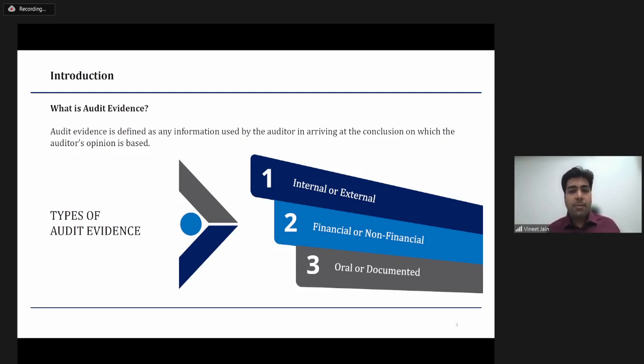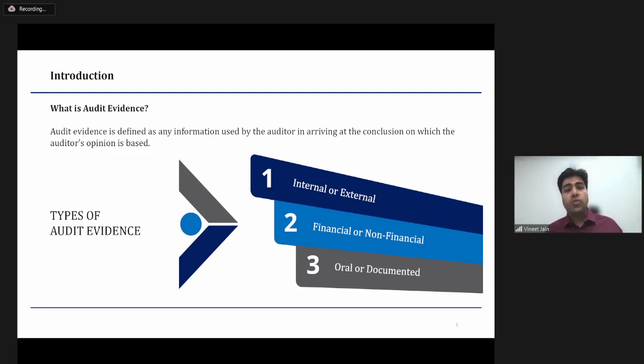And there are basically three types of audit evidence. The types of audit evidence can be divided into three parts: internal or external, financial or non-financial, oral or documented. So the first type, internal or external. Internal audit evidence means any type of information, documents, or discussions which is generated or obtained internally from within the organization or company or from the management.